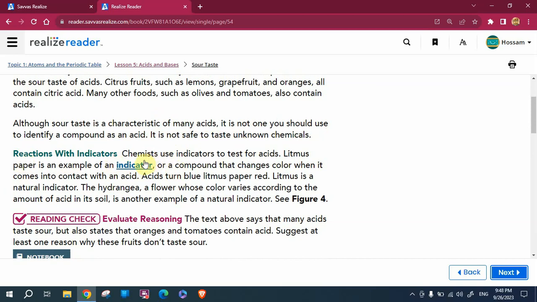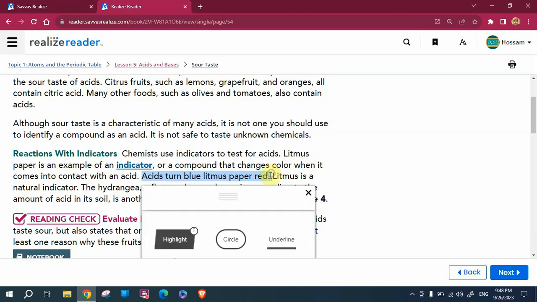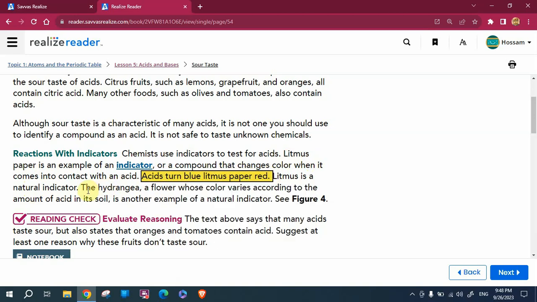Reactions with indicators. Chemists use indicators to test acids, like litmus paper. As you know, litmus paper is an indicator. So it is used to test for acid because acids turn blue litmus paper red. Litmus is a natural indicator.